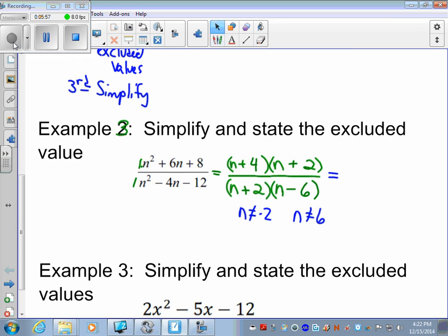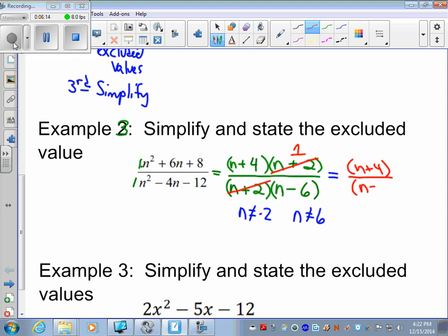In common with numerator and denominator, we have n plus 2 divided by n plus 2, that's 1. Nothing else in common. We have n plus 4 divided by n minus 6 with n cannot equal negative 2 and 6.